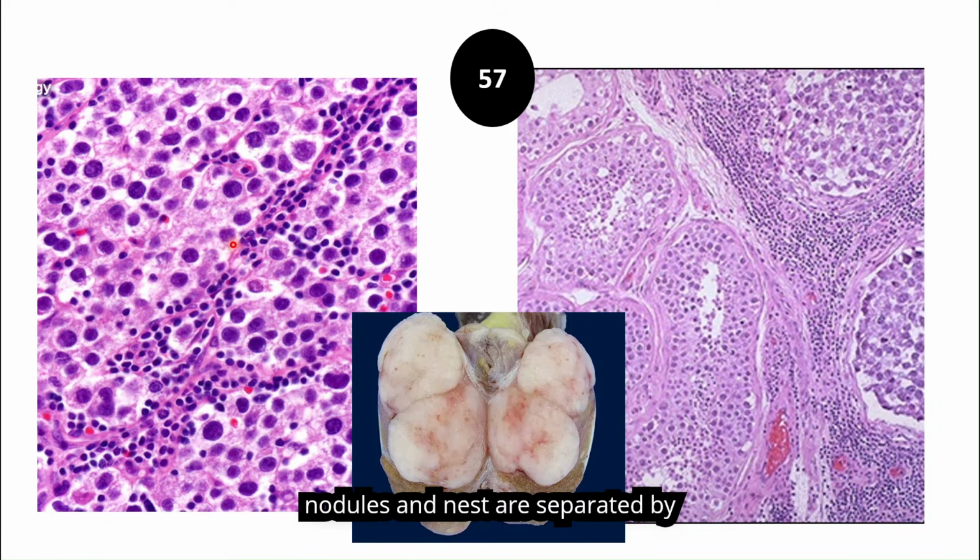These cell nodules and nests are separated by this septa, which contains lymphocytes in between. So you can compare the malignant cells with the size of lymphocytes. So small lymphocytes and malignant cell with the appearance of this tumor mass. This is a slide of seminoma.